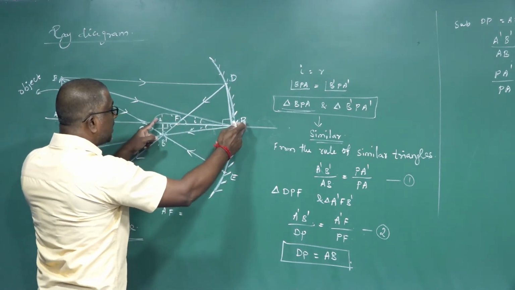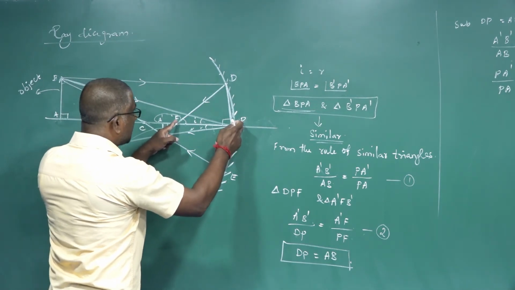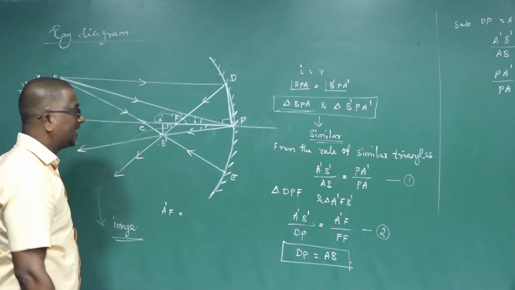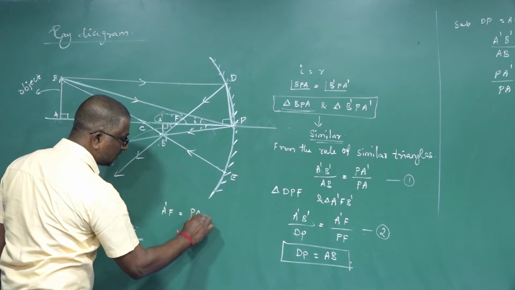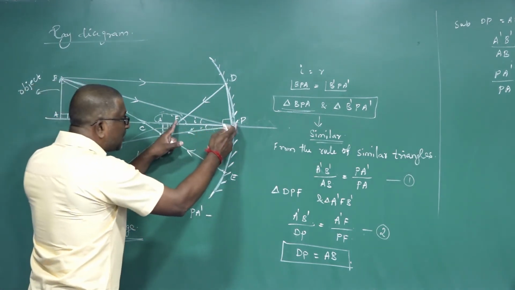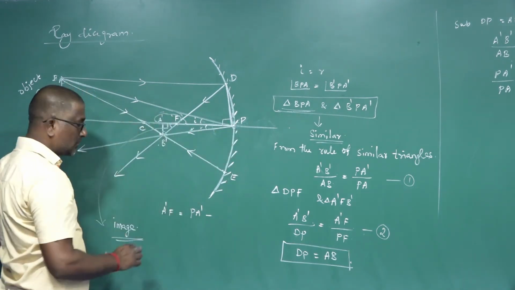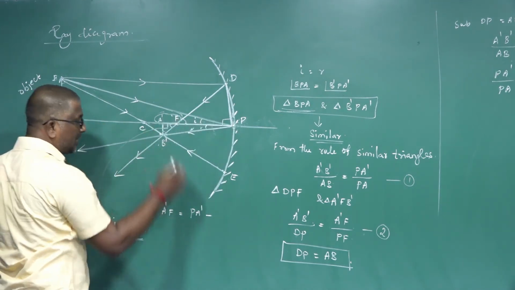By subtracting the PF value from the PA dash value, we can get A dash F. So A dash F is equal to PA dash minus PF.